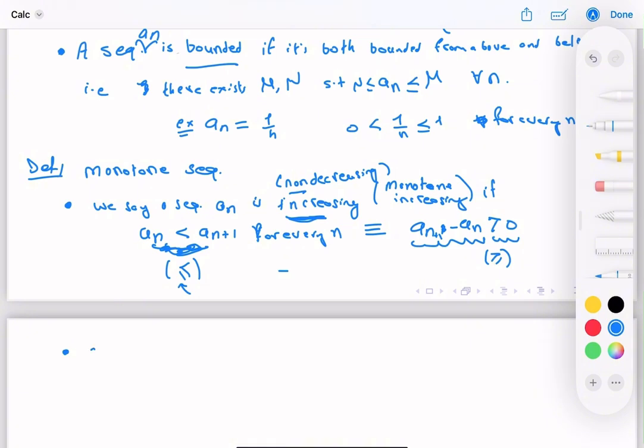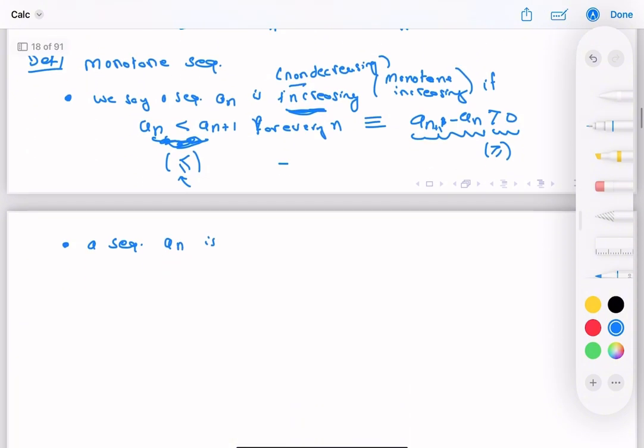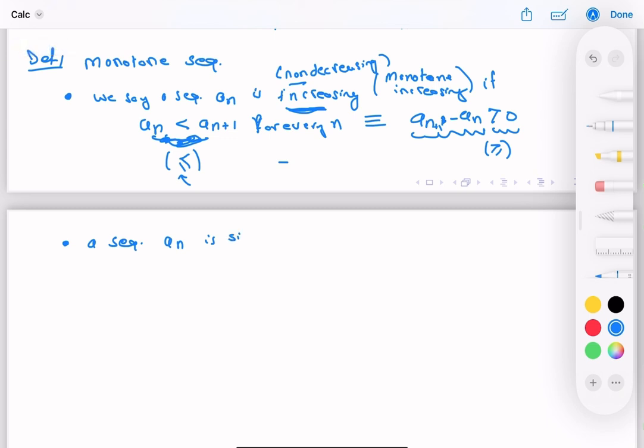Okay. So there's a similar definition, which is that a sequence an is said to be decreasing if you have an plus 1 is less than an for every n. So I'm gonna use this notation, this means for every. If you look at this, it's kind of the opposite of this definition over here.